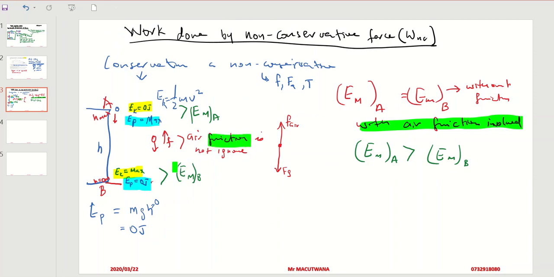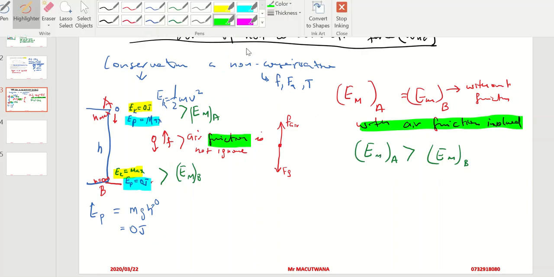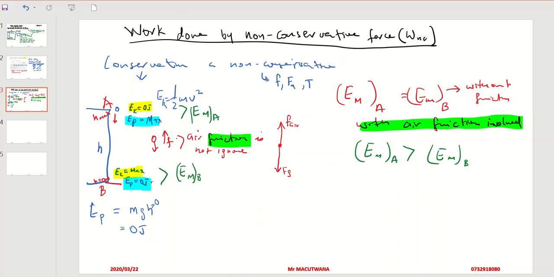Friction opposes motion. So while the object is still at A, it has not moved, so it will experience no friction. Then it begins to experience the friction as it falls down. So when it gets to the ground, it would have lost some of the energy it started with here due to air resistance.